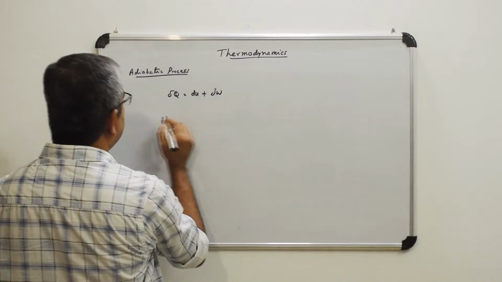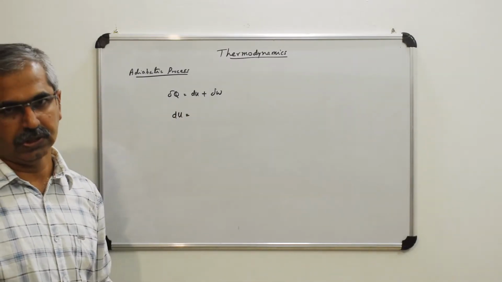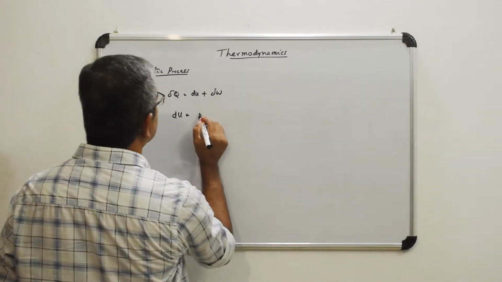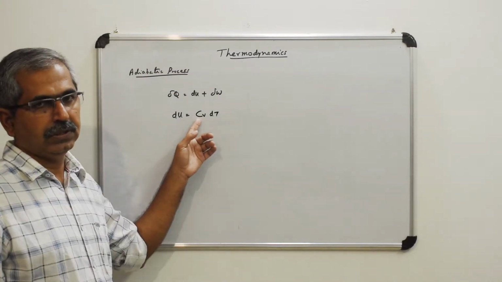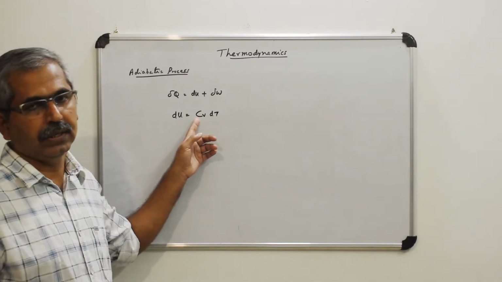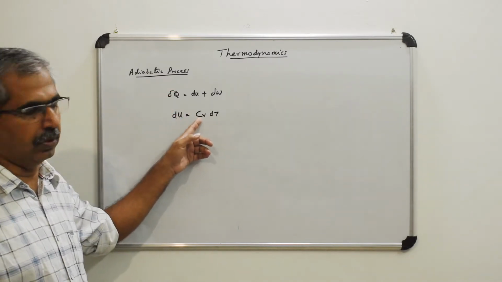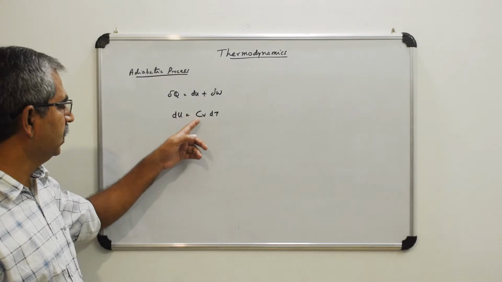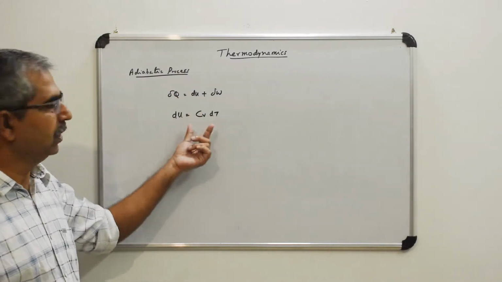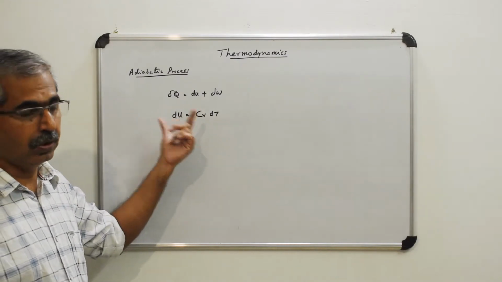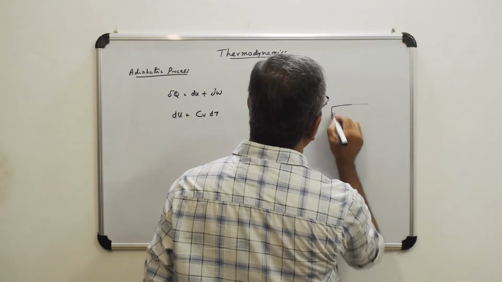Now see, dU, that is the internal energy change, can be written as Cv into dT. So what is Cv? Cv is the specific heat at constant volume. So the change in internal energy is equal to Cv into dT. I think you know that equation, because of specific heat at constant volume. Constant volume means the size of the system is fixed.